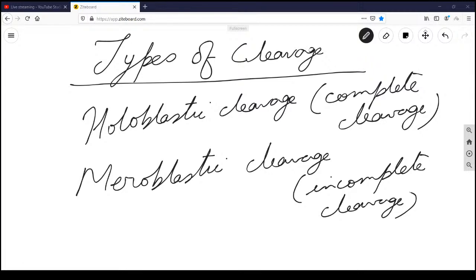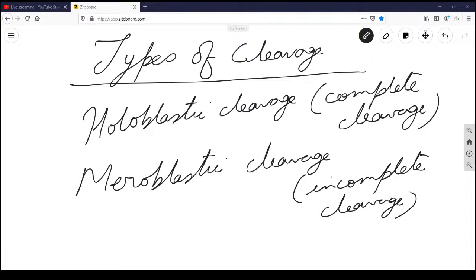So what we show is isolecithal, because we don't need too much yolk. We have the nutrients coming in from the placenta. So we have holoblastic, complete cleavage, and under that the isolecithal type of yolk distribution. I'll show the image to you to make it very clear.